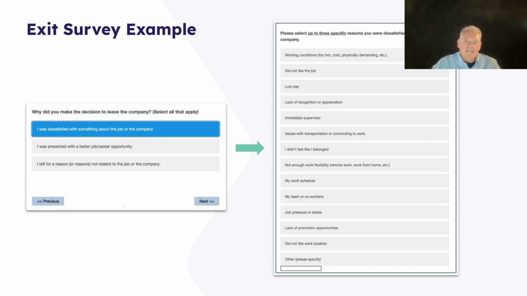I've also used ranking and said, like, what's your main reason, your second, your third. Either will work. So you could see all of the reasons that people might leave the company. Your list of reasons for your company may be a little bit different, but I'm sure that there's probably at least 70% overlap between this list and what you would end up using.